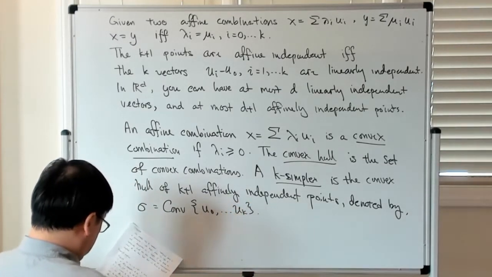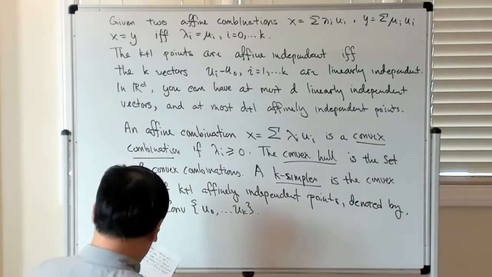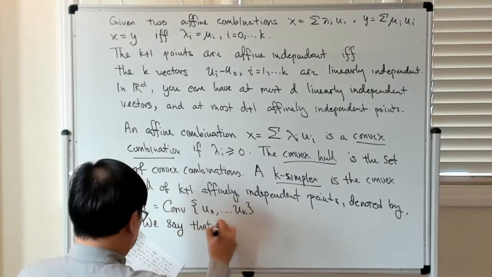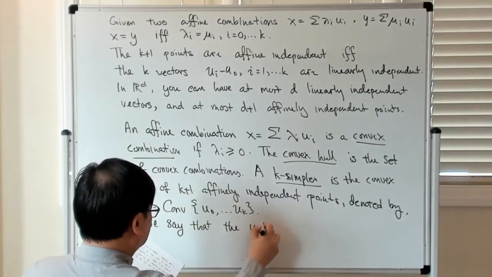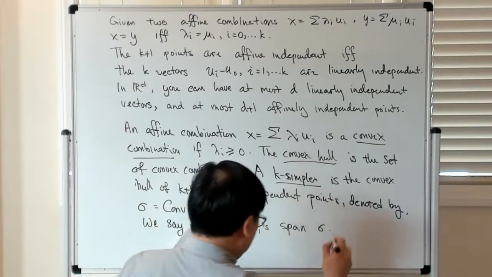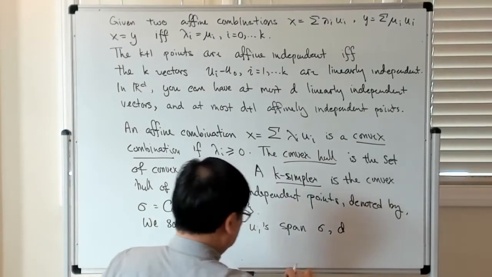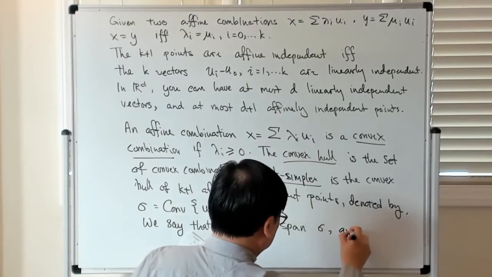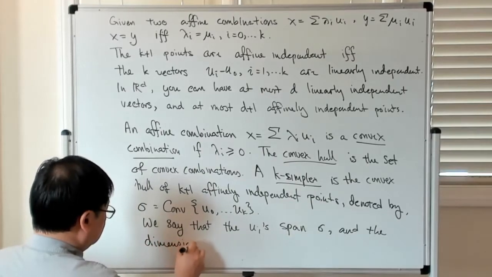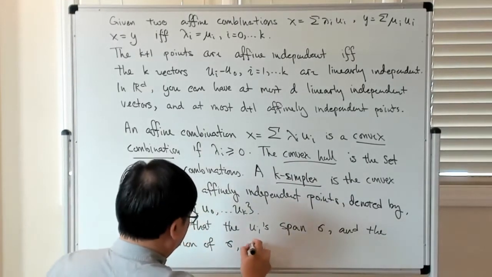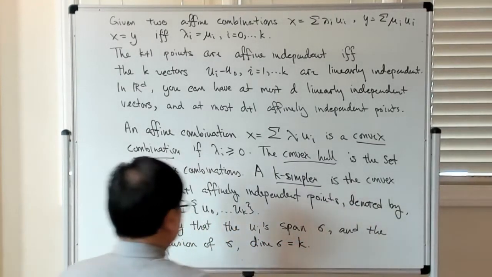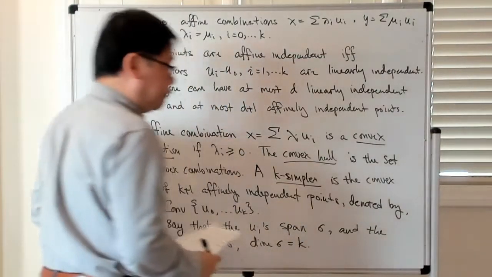Okay. So when that happens, we say that the ui's span the simplex sigma, and the dimension of sigma, which is denoted by dim of sigma, is nothing more than just k, which is 1 less than the number of vertices.